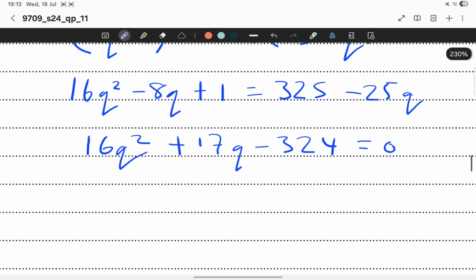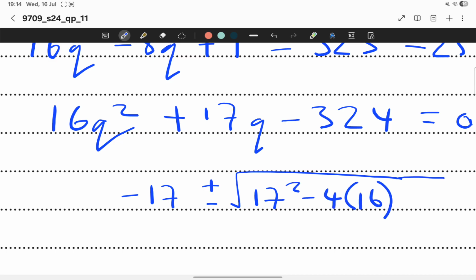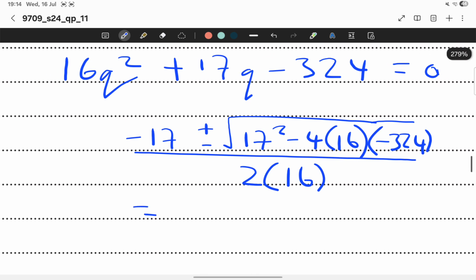And we're going to be using our quadratic formula, so that will be minus 17 plus or minus the square root of 17 squared minus 4a, which is 16, and c, which is minus 324, all over 2a, which is 2 times 16. And if we punch this in our calculators, we'll get minus 17 plus the square root of 17 squared minus 4 times 16 times minus 324, over 32, and that gives us 4.